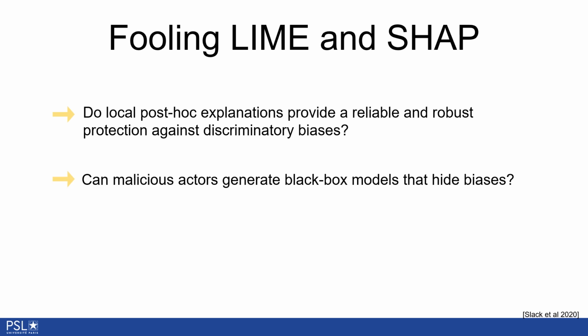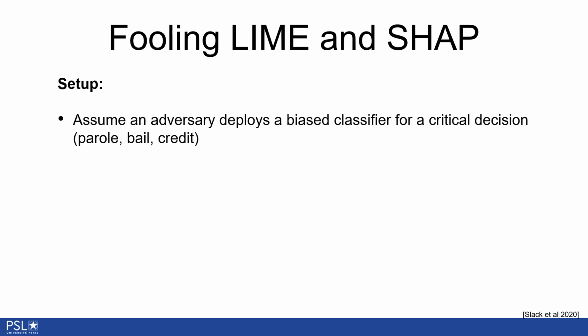More specifically, this study asked whether malicious actors can fool the post hoc explainability methods and generate black box models that hide biases. Here is the setup of the study. The study starts by assuming that an adversary wants to deploy a biased black box classifier for a critical decision, such as parole, bail, or credit.